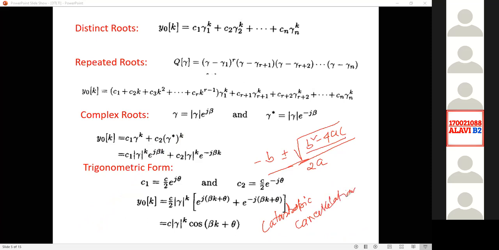Have you heard about it? No, sir. Okay, try to learn about it. Then if this algorithm is subjected to catastrophic cancellation, we need to use another algorithm instead to find the roots of a quadratic.